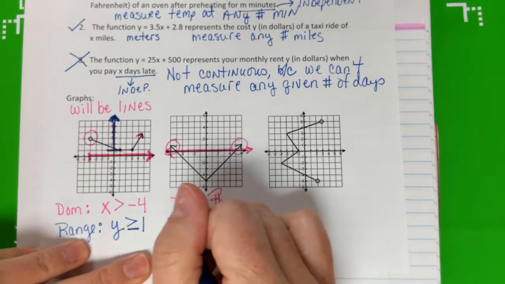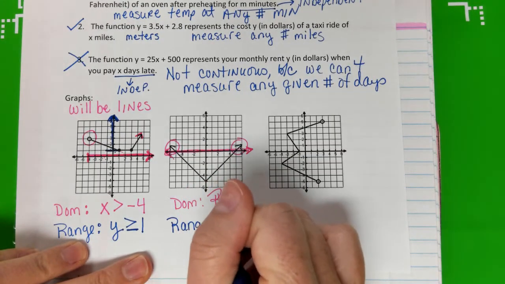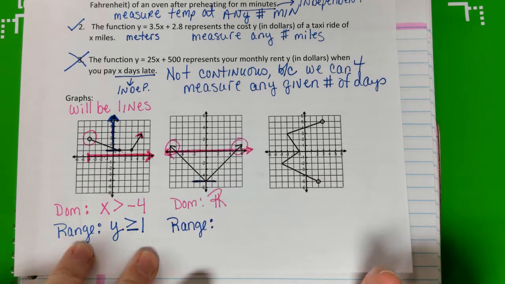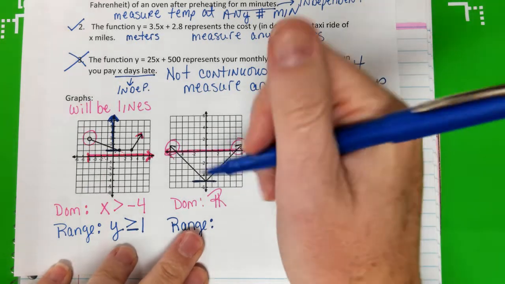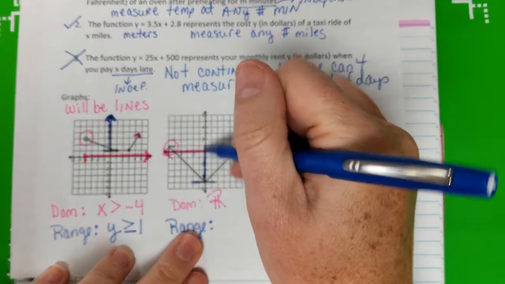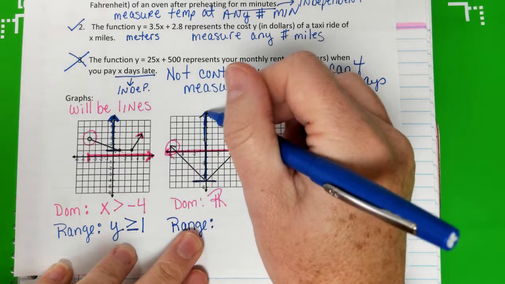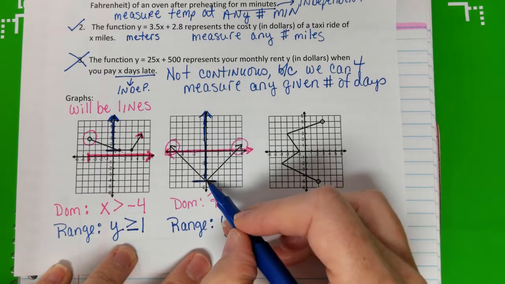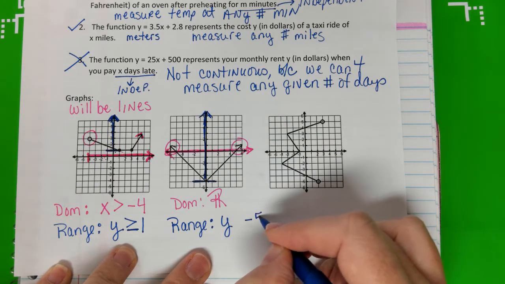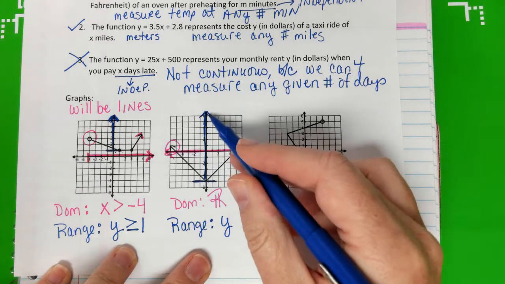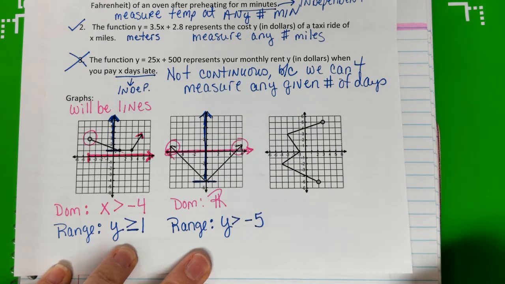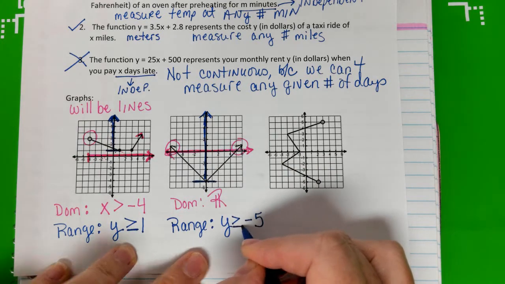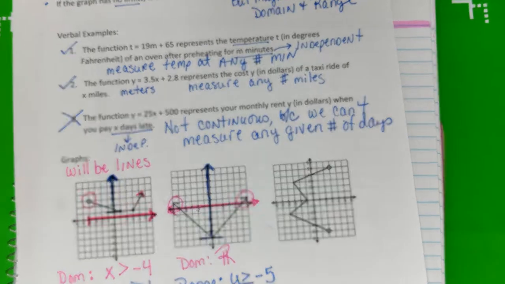But our range is a little bit different because there is a limit to the bottom of my graph. So there's the bottom of my graph. All of the other y values are going up. So my range, the lowest point was -5. Everything is greater, so y is greater than. It's touching -5, so that means it can also be equal to.